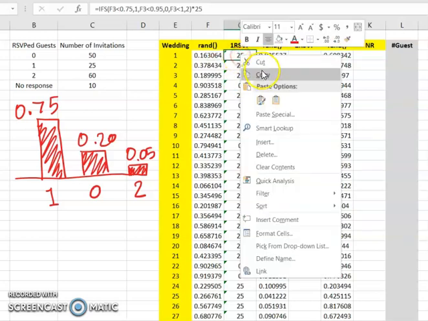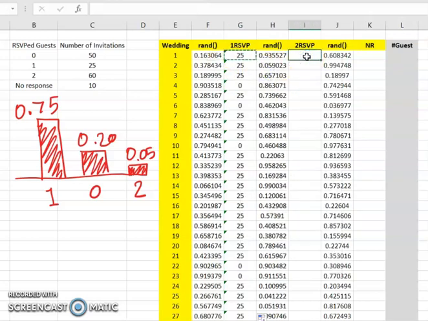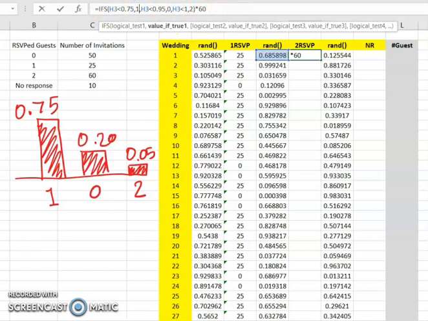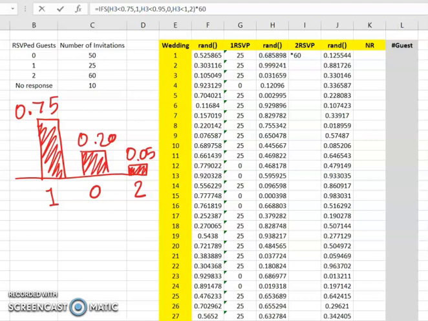After that, we do the same thing for 2 RSVP, but the difference with 2 RSVP is that the number of guests who have RSVP'd with a companion is not 25, it is 60, so I make this 60, and also the probabilities are different, and you can check the PowerPoint to see the associated probabilities of 2 RSVP.